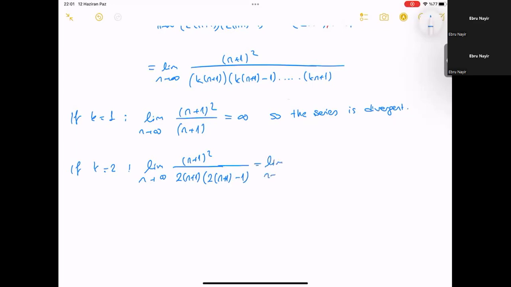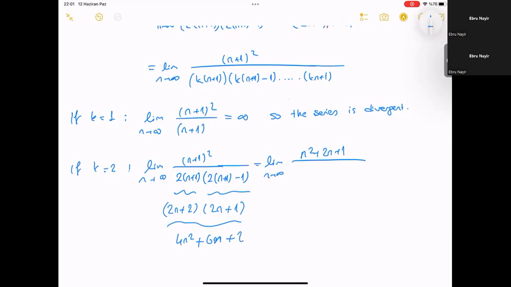Now it's equal to, let me write clearly, n squared plus 2n plus 1 over 2n plus 2 times 2n plus 2 minus 1. Now if you compute this again, 4n squared plus 2n plus 4n, we get 6n plus 2. So we have 4n squared plus 6n plus 2. Thus the limit is equal to 1 over 4. So the series in this case is convergent.